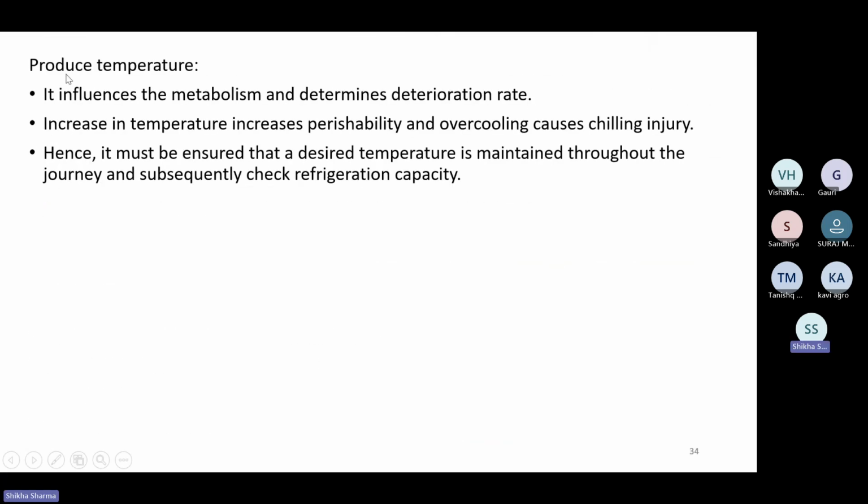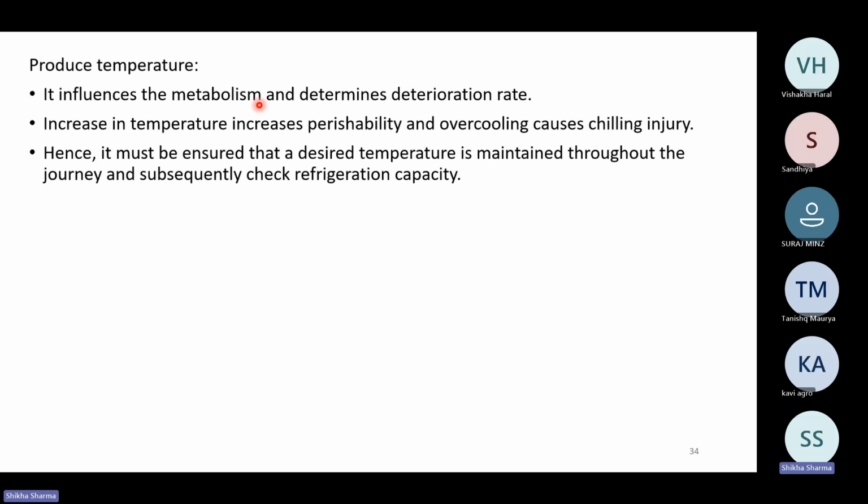Let's continue our discussion. The product temperature affects the overall respiration rate, and overall it affects the product quality. It influences the metabolism and determines the deterioration rate.